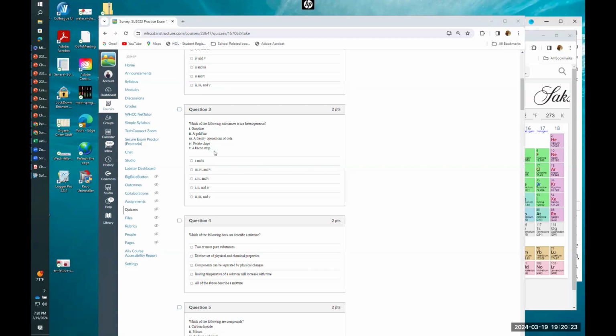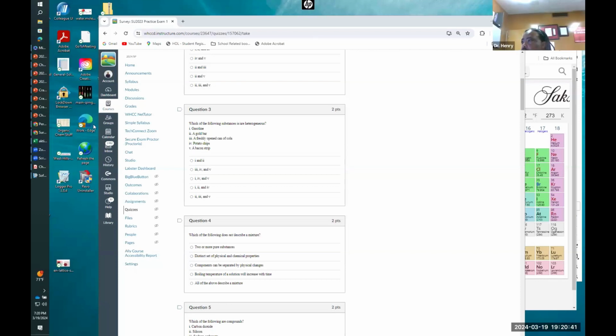Is it potato chips? So you said potato chips. Okay. Anything else? A bacon strip.